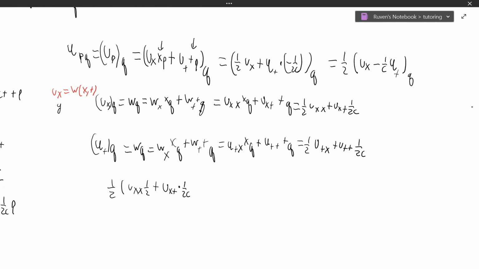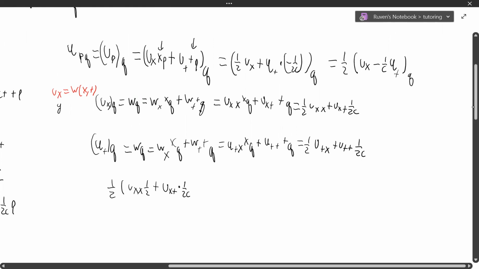Sorry guys, I know I'm committing a crime by writing it to the right instead of the left. I apologize. Minus 1/c. So then it's 1/2 utx plus utt 1/2c.